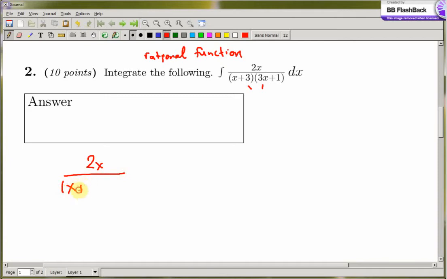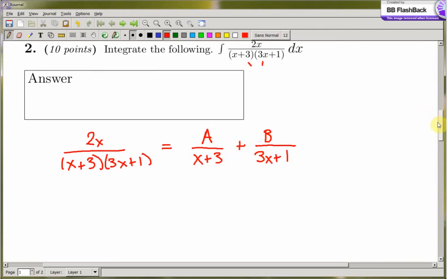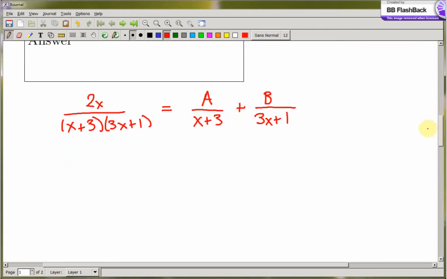So let me write this like this. Partial fractions gives a way to break this up into these two pieces. This is going to be one fraction with just x plus 3 in the denominator and a as a number, and then another fraction with just 3x plus 1 in the denominator and b is also a number.